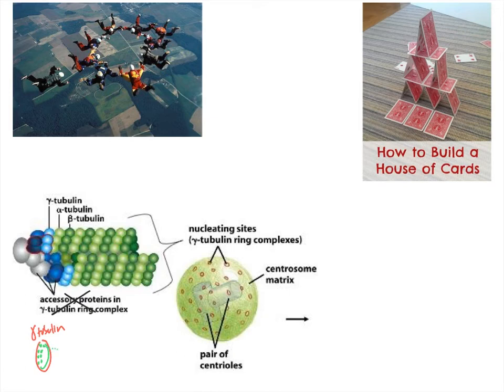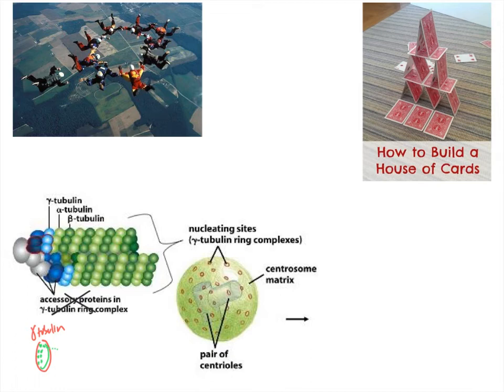So this is not a coincidence. This is one of the key reasons why these are such good microtubule organizing centers: it's really hard for the alpha-beta heterodimers to find each other and form a ring in just free-floating cytoplasm. I like to think of this in terms of an analogy, like these skydivers.